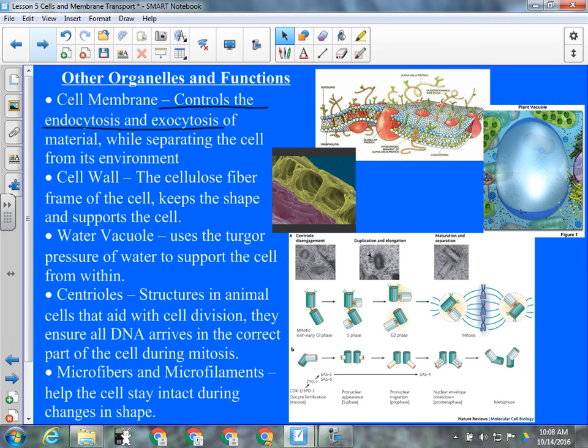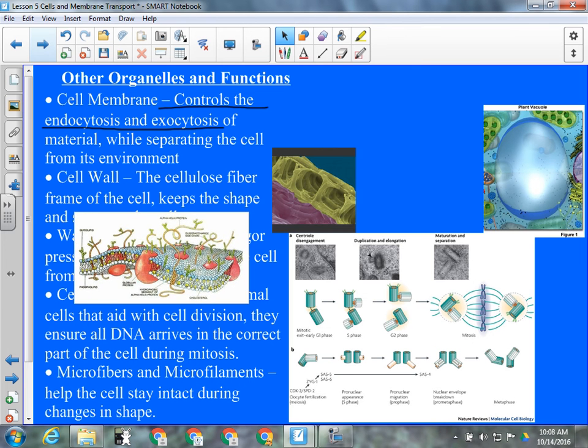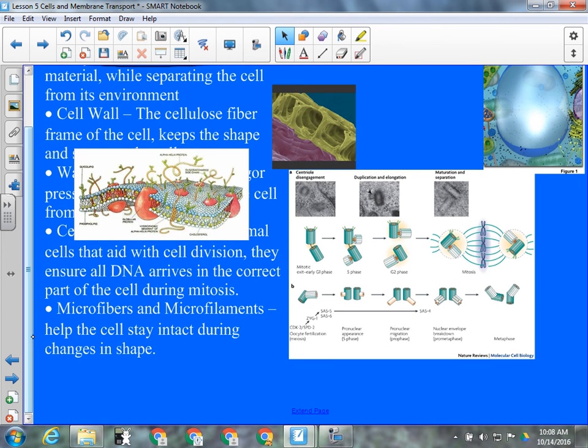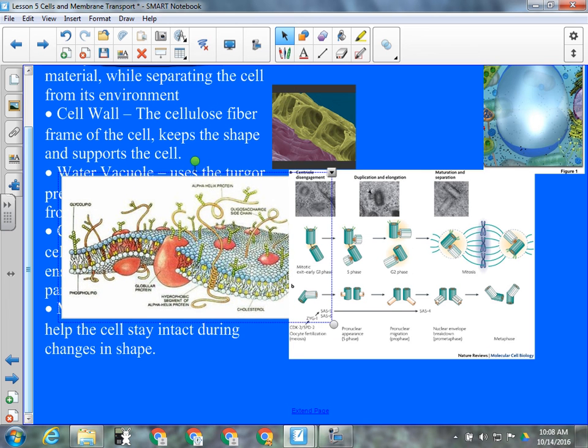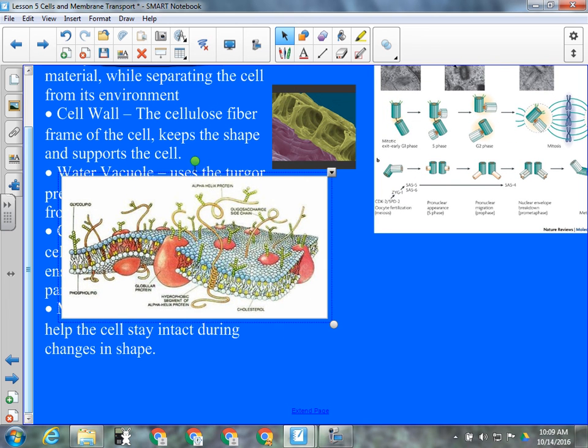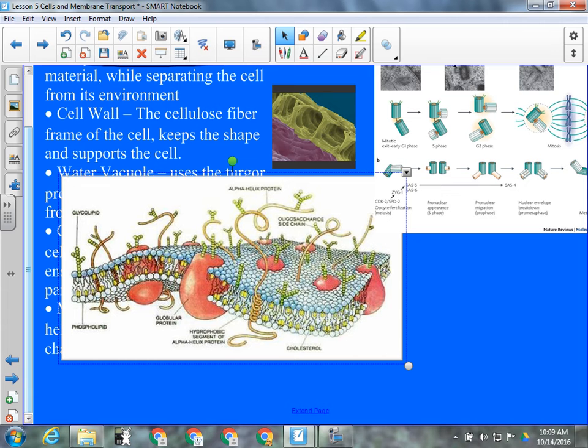Now I told you the other day that the cell membrane is far more complex than most diagrams show it to be. This is actually what the cell membrane looks like. It's not like the sheet of cellophane like it looks on your diagram. It's a matrix of a whole bunch of things. Primarily, the membrane is made of fats.